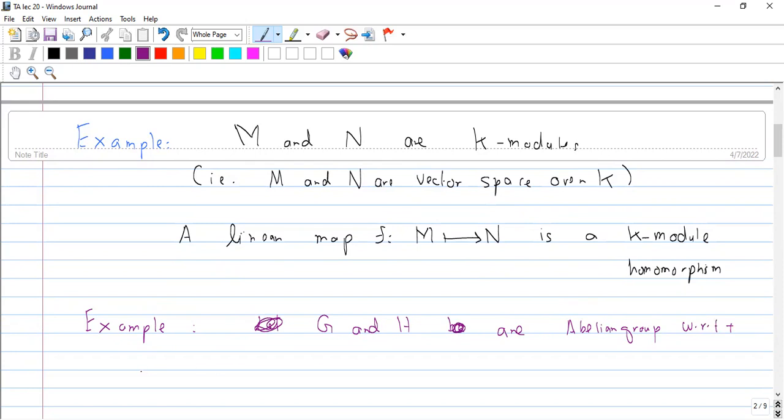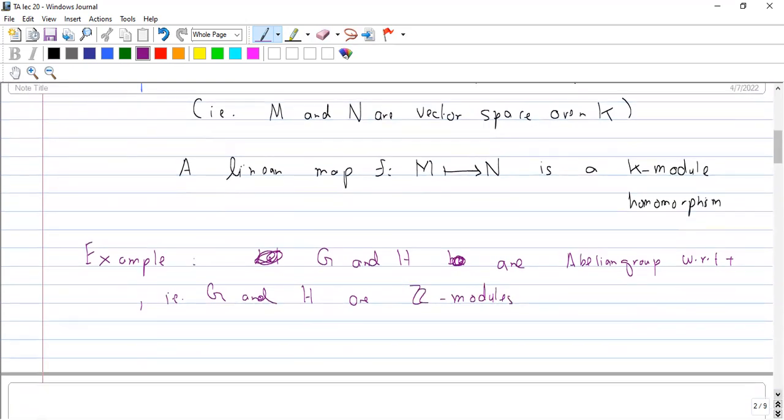So we know that they can be considered as Z modules, because in the last class we saw that any abelian group can be considered as a Z module. That is, G and H are Z modules.